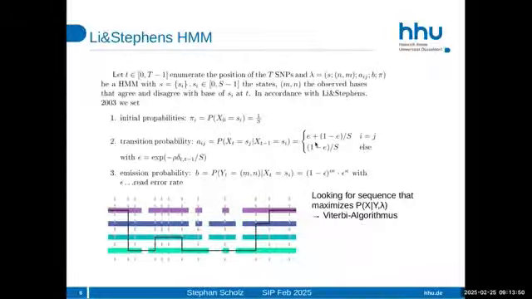I want to point out a few things that make sense. First, the probability that you do not switch to a different haplotype, so that you stay in the haplotype that you copy from, is always greater than the probability that you will switch. The probability that you stay in your haplotype is higher the more haplotypes are in your set.